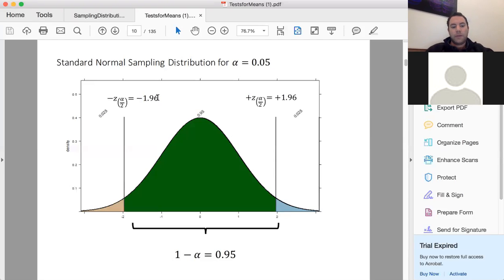So that's how we understand the alpha value in the context of hypothesis tests. The alpha represents the probability of making a type 1 error, which is a false positive. And we use it both in building confidence intervals and also in running hypothesis tests to make our determination of conclusions, because the alpha value will determine what our particular critical values will be.